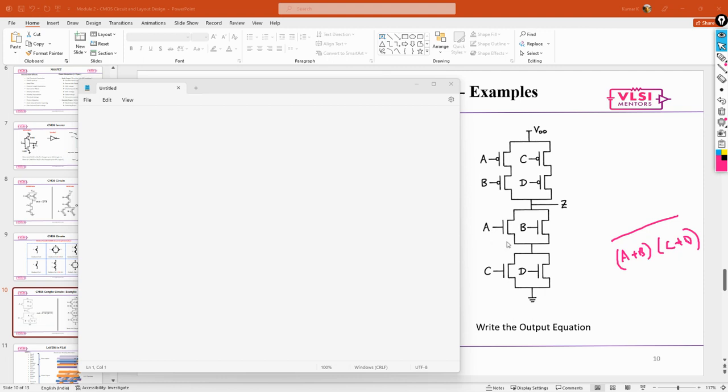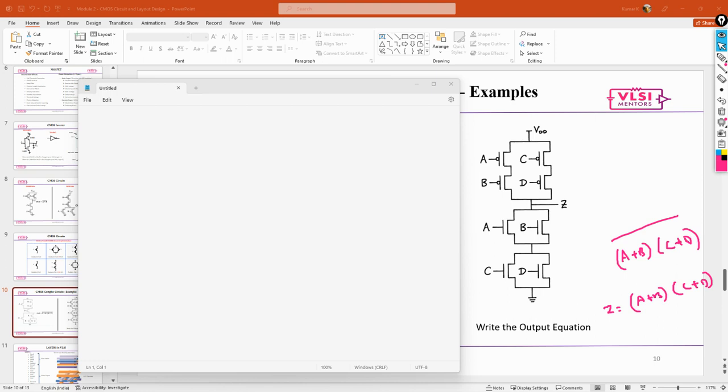Z equal to (A plus B) into (C plus D), whole bar. Okay. Anything else? There are many people.